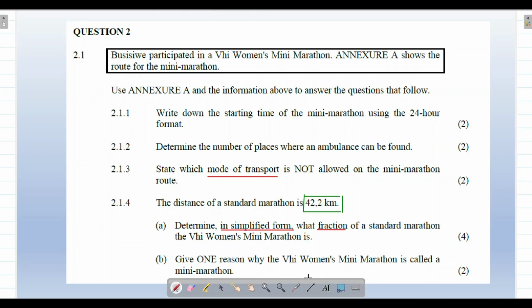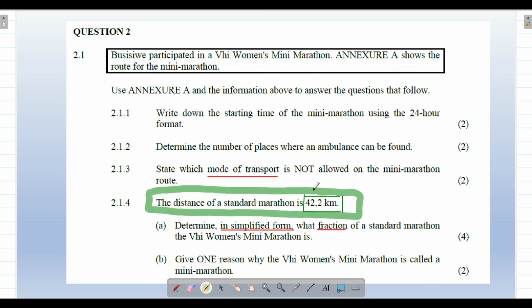Give one reason why the V Women's Mini Marathon is called a mini marathon. Okay, so this question, guys, is very simple. They already told us in question 2.1.4 here, this information, right? They told us that the distance of a standard marathon is 42.2 kilometers.